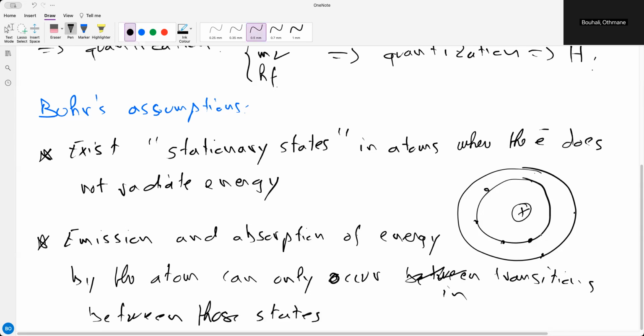So what does this mean? The electron can jump from here to here, or from here to here, and this absorption and emission can only happen when the electron jumps between those states.